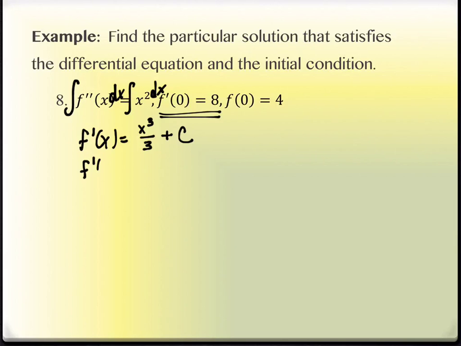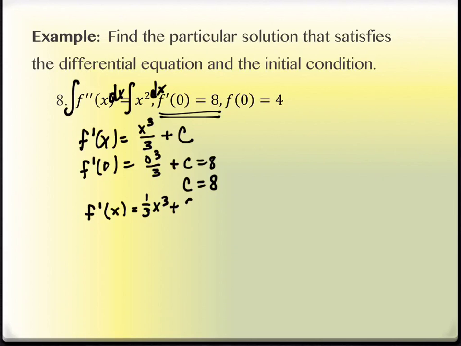So I can use that. f prime of 0: 0 cubed over 3 plus c equals 8. What is c? 8. So now I know that f prime of x equals x cubed over 3 plus 8.